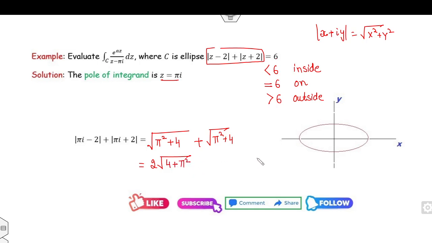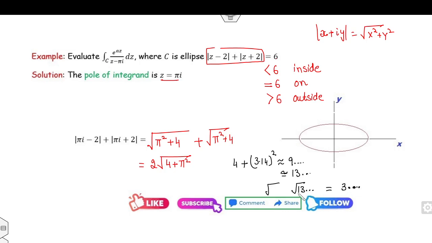Now you can see pi is 3.14. If you put it as square, it will be 9 point something. If you add 4, that will give you 13 point something. And if you take the root of 13 point something, that will give you 3 point something.